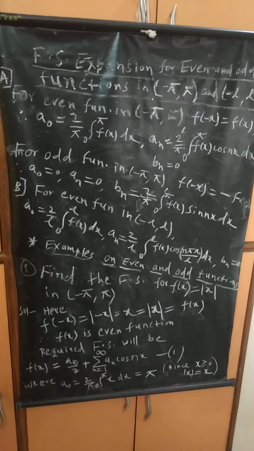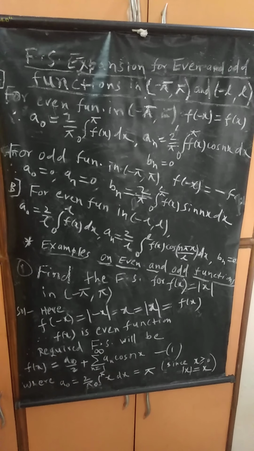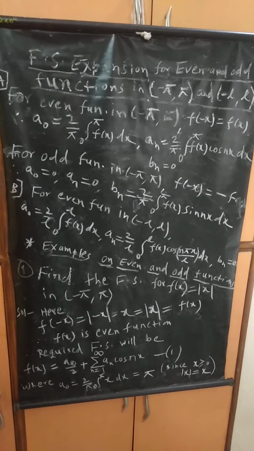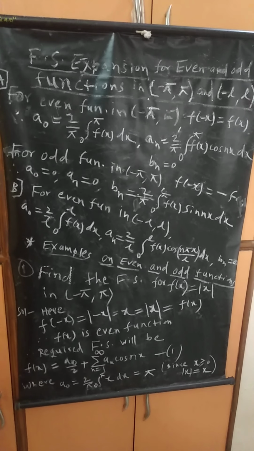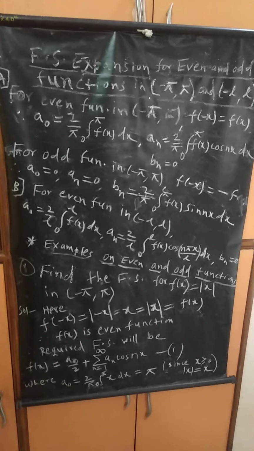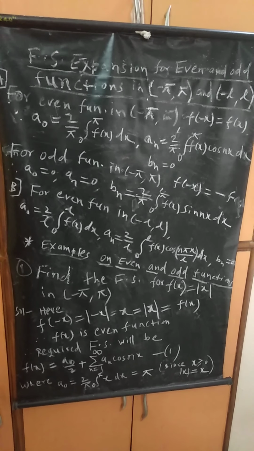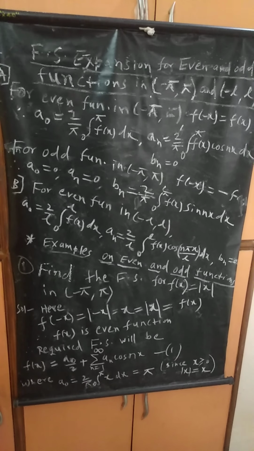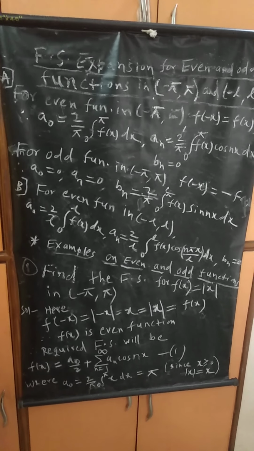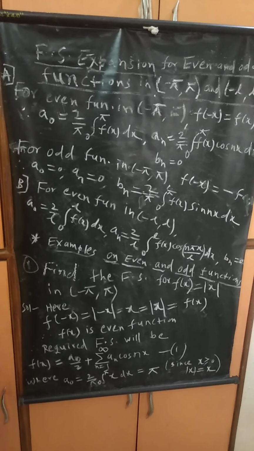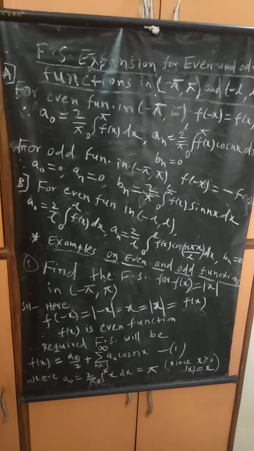Why? Because f(x) is even and the cosine function is also even, even into even is even, so the total f(x) cos nx is even, and therefore we have taken an as 2 by pi integral 0 to pi f(x) cos nx dx with the help of that definite integration property.